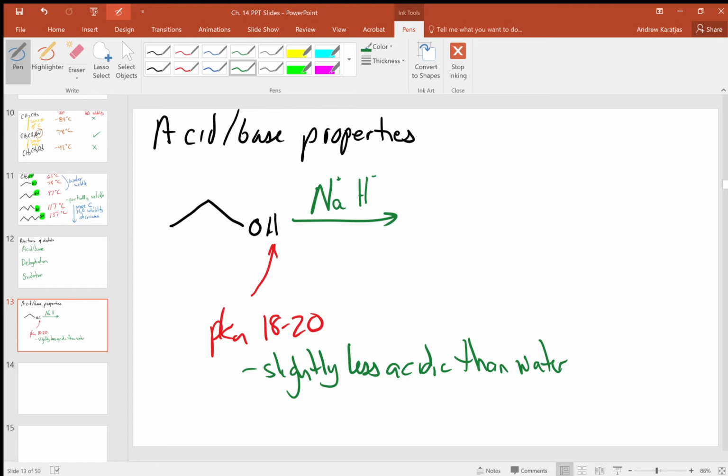So a relatively strong base, not quite as strong as some of the things we've talked about previously, like if you remember the video I showed you of tert-butyllithium, the substance that spontaneously catches fire when you expose it to air. Not quite at that level, but still a relatively strong base. So with something like that, you can deprotonate an alcohol like ethanol and make an oxygen anion.